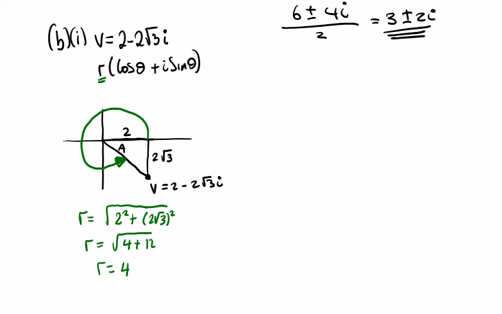Now let's work out our angle A. We have our straight sides. Well, we also have our diagonal, but let's use the straight sides. Tan of A is equal to opposite over adjacent, 2 root 3 over 2. And these normally work out straightforward enough. We know that the tan of 60 is equal to root 3 and the tan of 30 is 1 over root 3. So A is equal to 60 degrees.